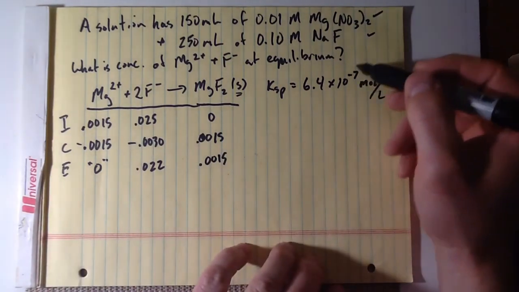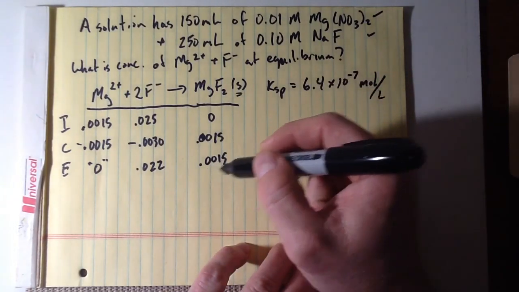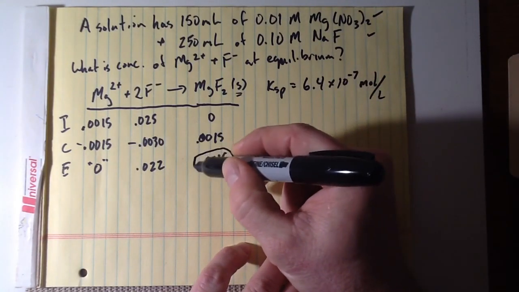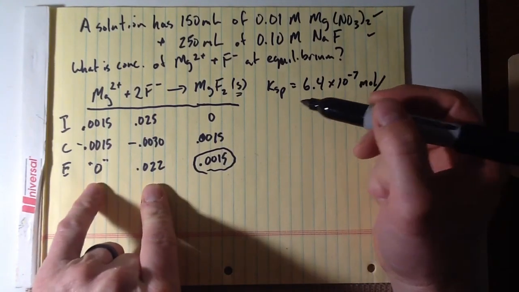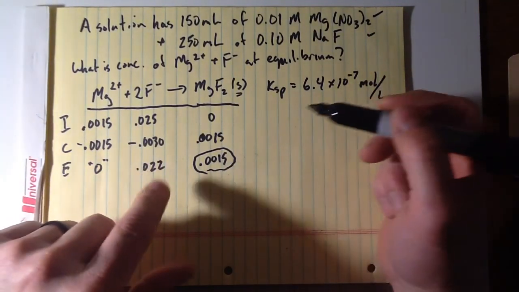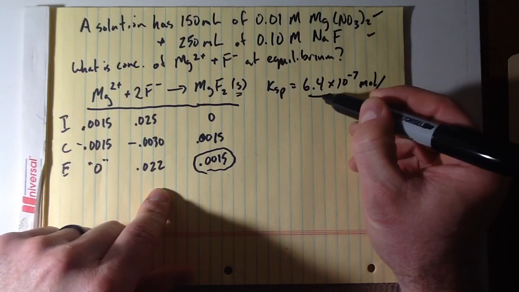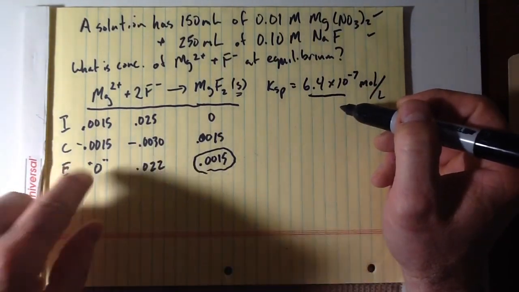Again, the question's not asking how many moles or grams of magnesium fluoride you made. You could work with this number to get grams. The question's asking how much of these two reagents we have at equilibrium. And do not think we're staying at 0. We're going to have a little bit of this solid cheat back to make some amount of magnesium.